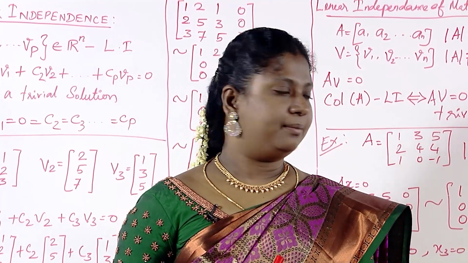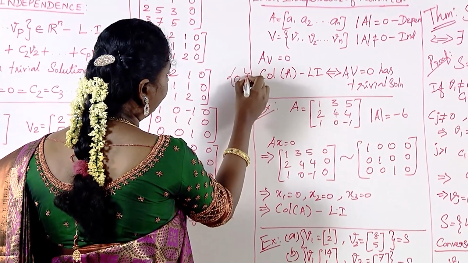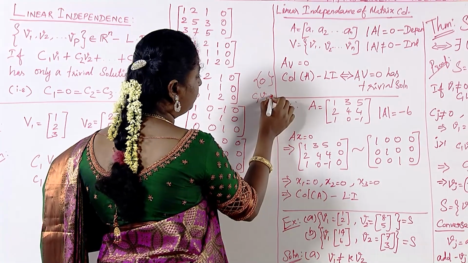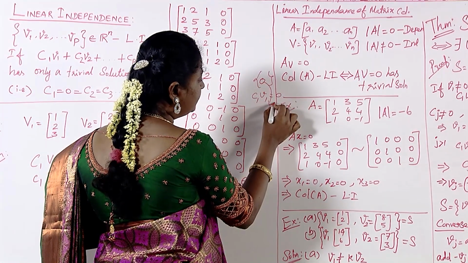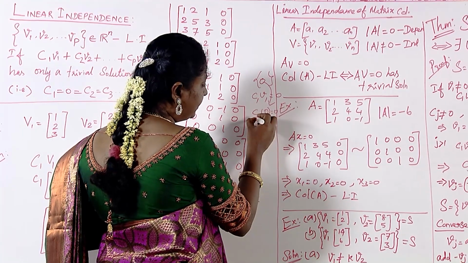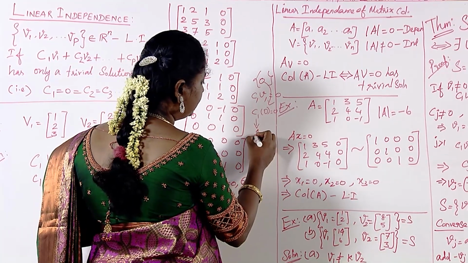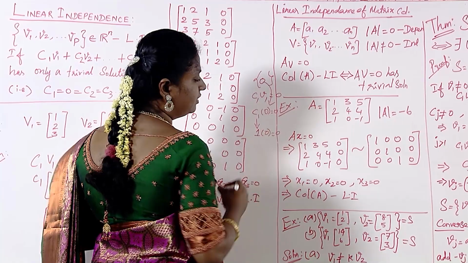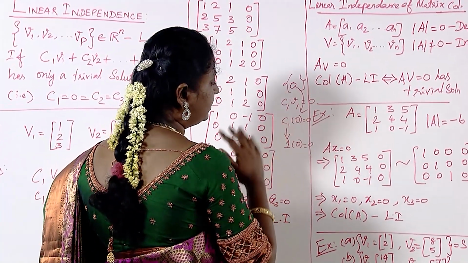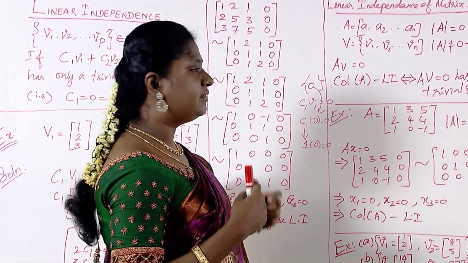Why is it so? Because if you have a 0 vector, consider this linear combination C1 V1 equal to 0. Your element is already 0, therefore C1 multiplied by 0 is equal to 0. So in the place of C1 you can substitute any value, maybe 1, and you are still going to get 0, which means that no matter what the value of C1, C1 V1 will always be 0 because your vector V1 is 0.